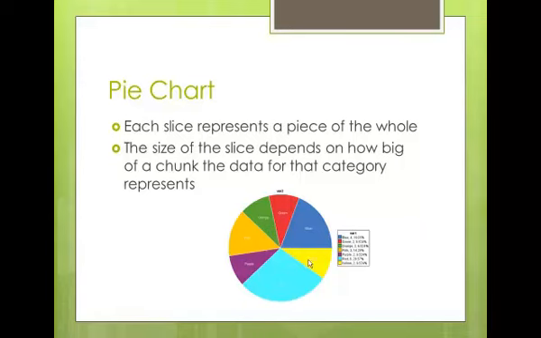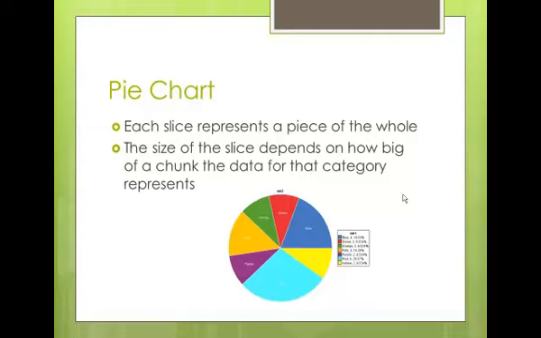So here are our least popular categories. You can see that all the wedges look the same size. And then here is blue, our second most popular category, and here's pink, our third most popular category. And it's just a different way of looking at the data. It kind of gives you the same idea of what's going on, just looks a little bit different.